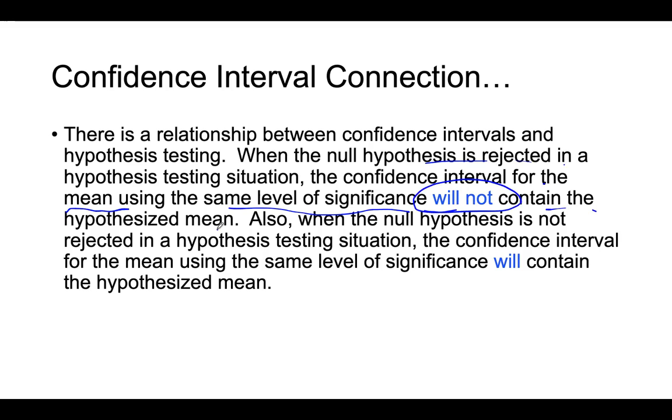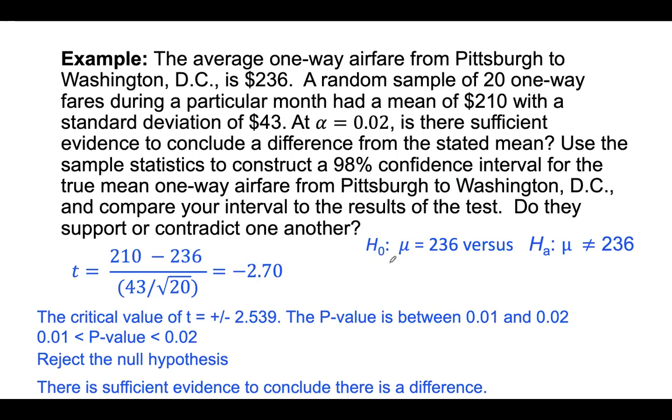And that's what we discovered earlier when we did a particular example. Also, when the null hypothesis is not rejected, the confidence interval using the same level of significance will contain that particular hypothesized mean.